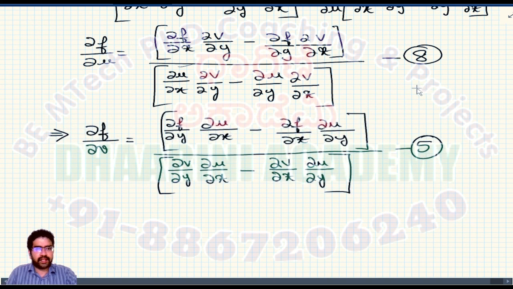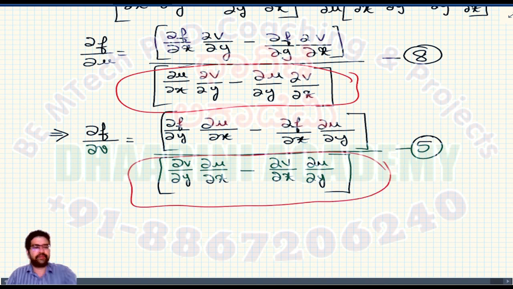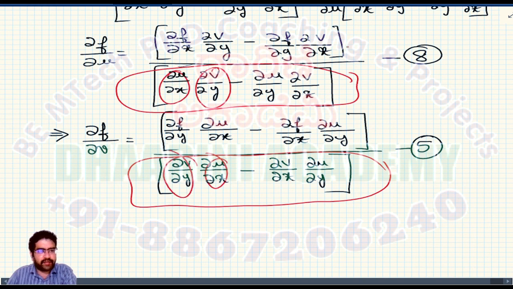All right. Now I want you to compare the denominators. So ∂u/∂x, that is here, ∂u/∂x, ∂v/∂y minus ∂u/∂y into ∂v/∂x. Yes, they are same.